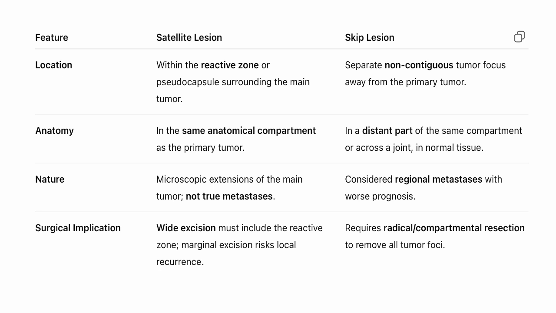Satellite lesions are not true mets, they are microscopic extensions, whereas skip lesions are considered regional mets and have the worst prognosis, and the management alters accordingly. So the satellite lesion demands wide excision, which must include the reactive zone, or marginal excision risks local recurrence, whereas the skip lesion requires radical or compartmental resection to remove all tumor foci.